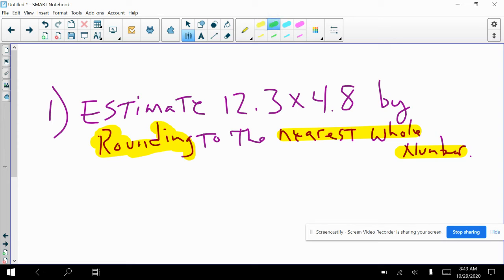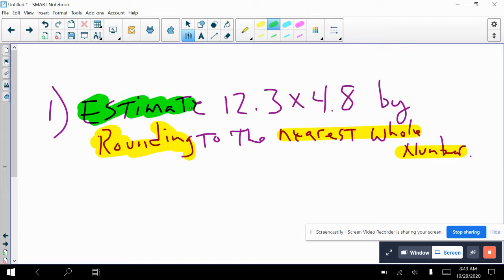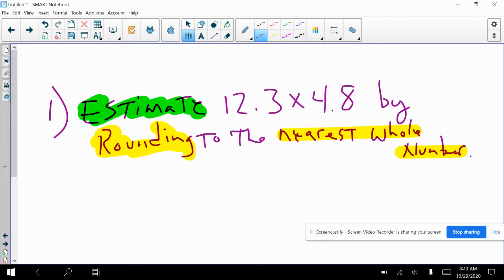And then on top of that, they throw in this word estimate over here. So you have estimate and rounding in the same question. Ouch. Because some of you might read that and go, I get to estimate. And we know based on what we've seen so far, you may stop reading. Not good.